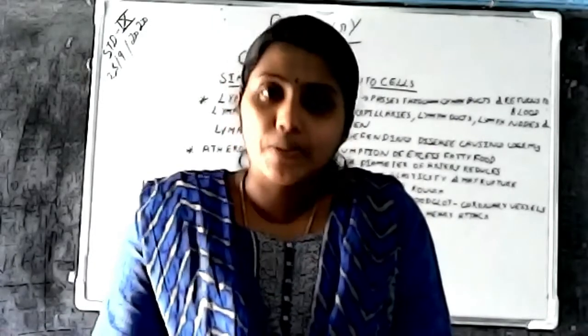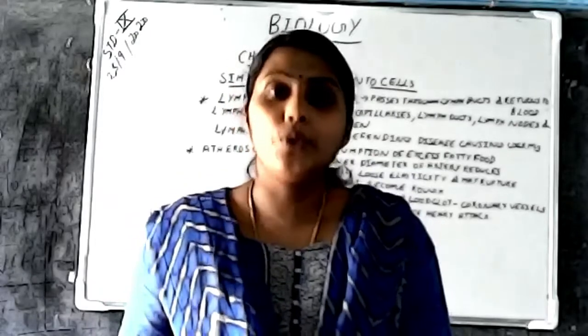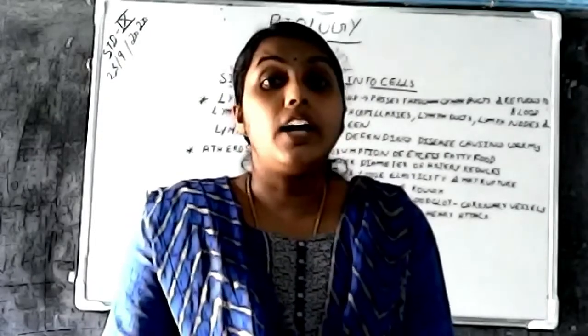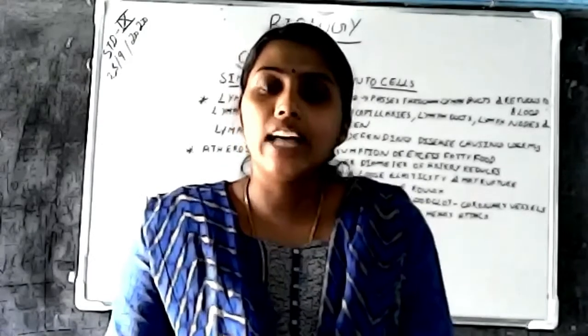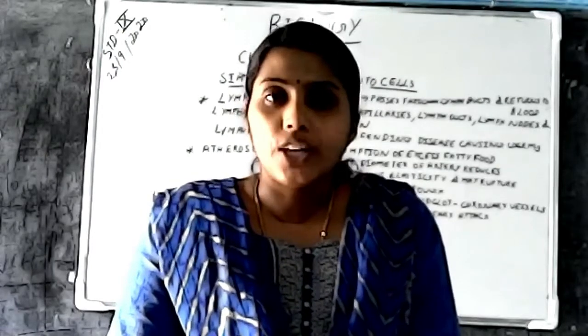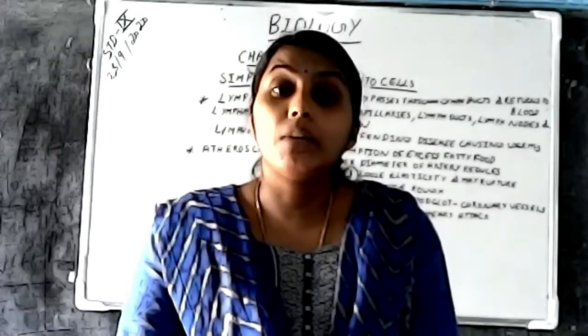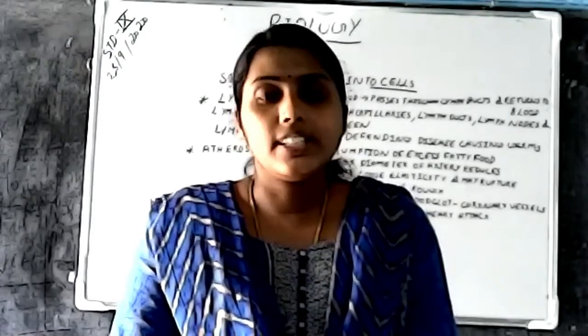Not only this transpiration pull, other forces helping in the transport of water from the root to the top are water cohesion and adhesion. Cohesion means water molecules have the capacity to stick together. That is cohesion. And adhesion is that water molecules have the capacity to stick to the walls of the vessels through which it is transported.